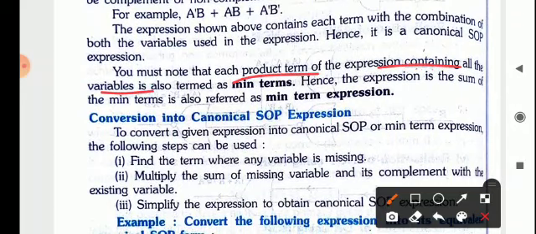It is also known as min term. In sum of product expression, if each term of the expression contains all the variables, then that is called min term. Okay. Now, whatever expression you get is the sum of min terms, also referred to as min term expression.